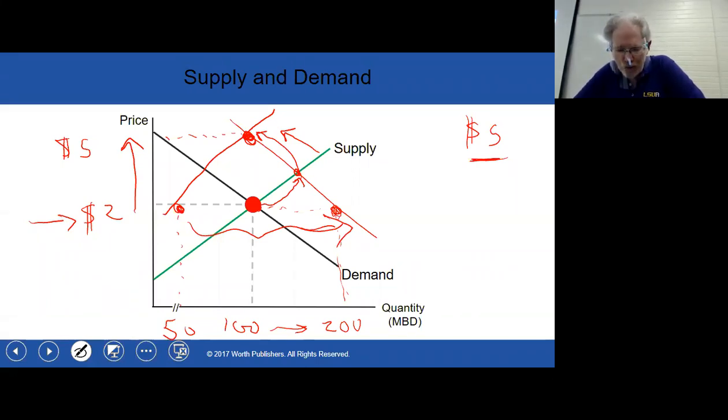We will talk, once we get over to chapter 8, I think it is, a lot about the effects of price controls. They have a lot of effects, not just shortages, but a lot of other pernicious effects.